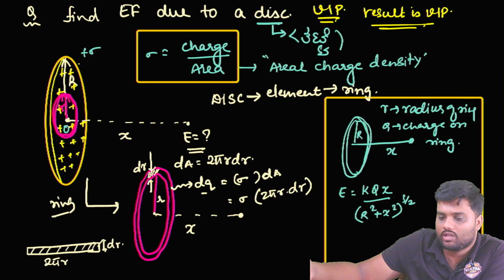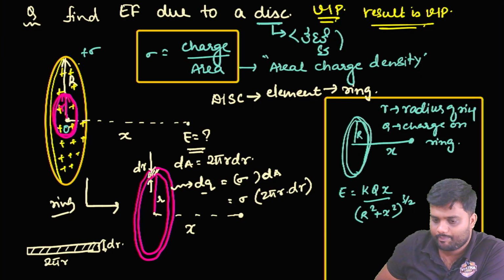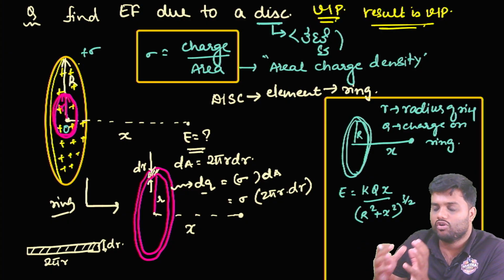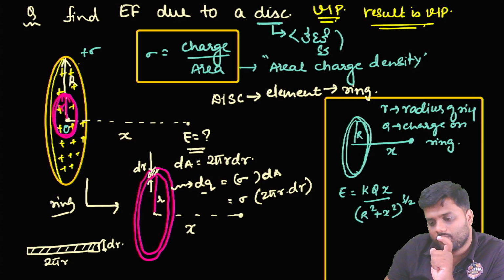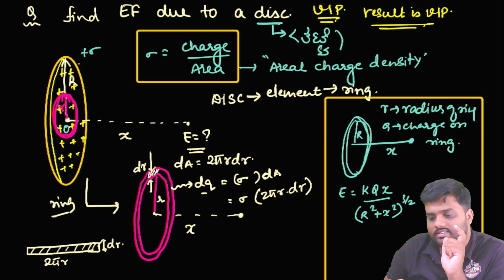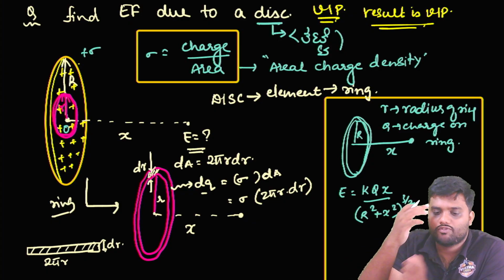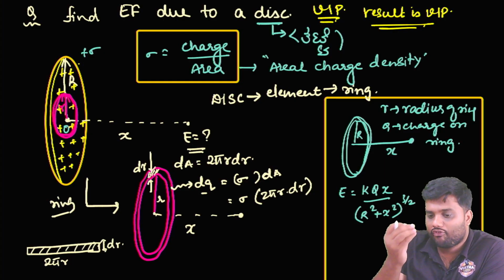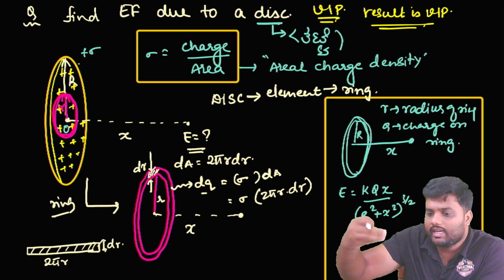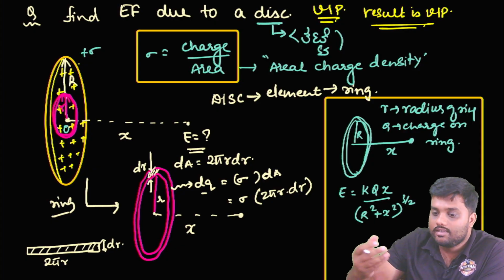We call this the areal charge density. In order to find it at some particular distance, you will go for some distance r and consider one element. All the rings together make up the disk.